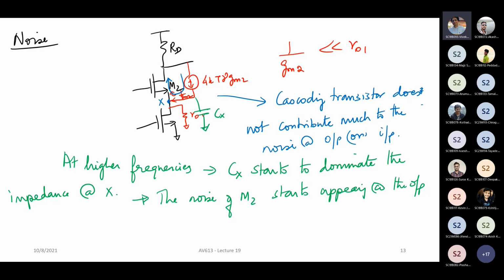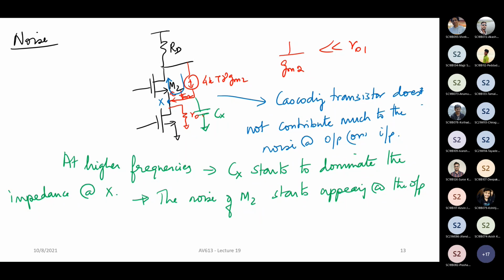Sir, this higher frequency is at what range? Like above 100 megahertz or something of that sort? See, it depends on how much CX is, what the relative values are. What is the value of R0, what is the value of 1 over GM2, and how much capacitance is there, right? It is all relative to that, so it's difficult to say exactly. The only thing we realize is that as you keep increasing the frequency, it's not like suddenly at one frequency it decides to show up.